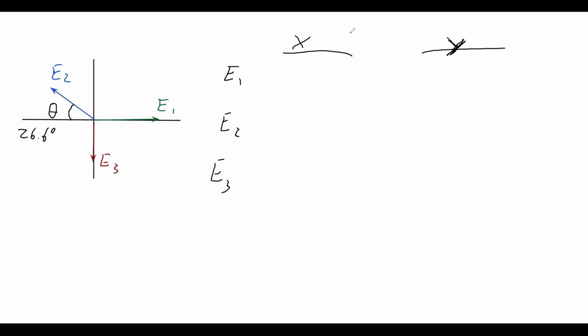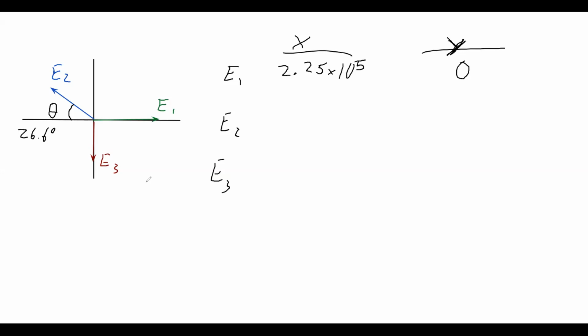So we know that E1 we calculated to be 2.25 times 10 to the 5. Okay, that's in our x direction. And for the y component, it's 0, right? Because it's only along the x-axis.